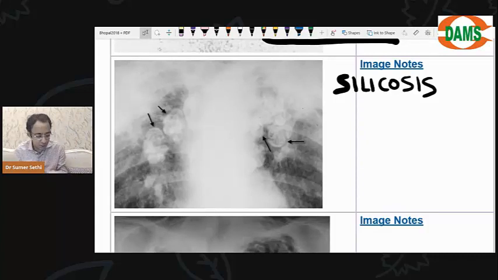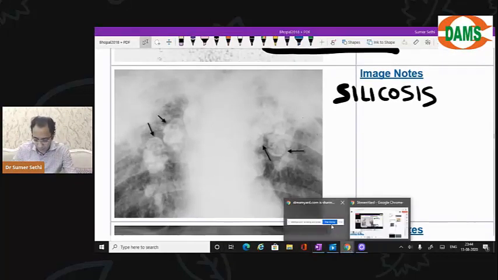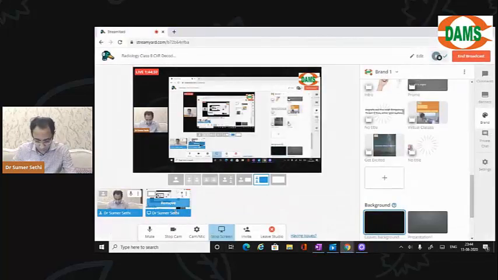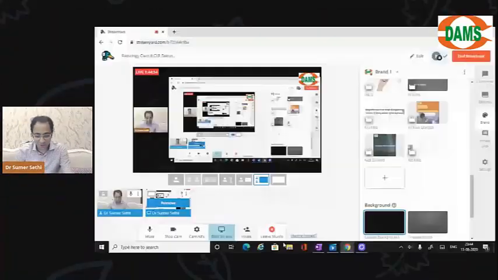Suppose in my hand I have silica, we're doing some magic in the night. So in my hand I have silica and I throw it up. What will happen? Tell me what will happen.